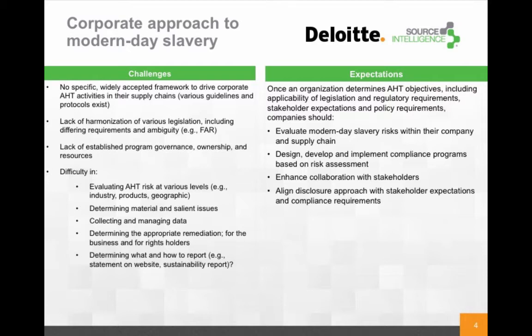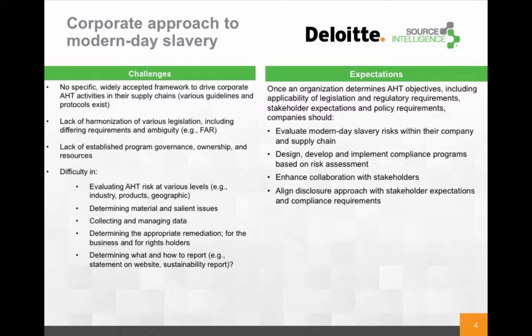The challenge with determining material issues, salient issues, and really that focus on a very risk-based approach organized through the lens of what are the most material or salient issues in this area of anti-human trafficking efforts. Collecting and managing data: you need to think about data that's necessary to help inform activities and drive informed decision making.